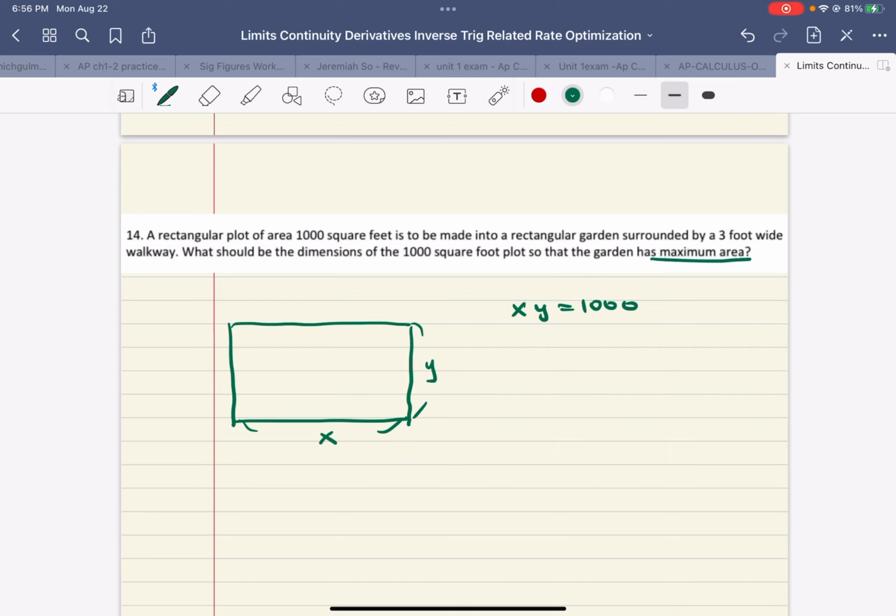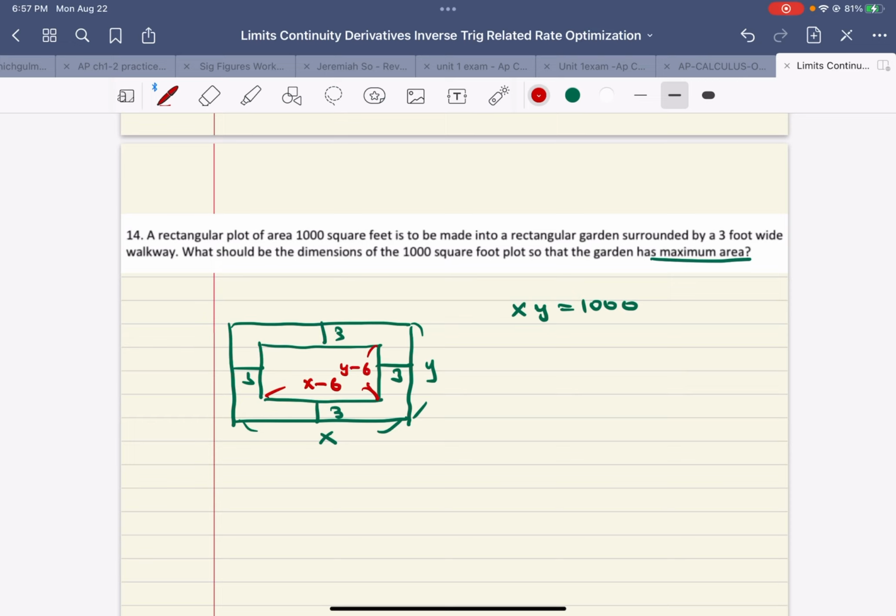And you need to find out the walkway. So each side is a 3. This is also 3. So you can say right here is x minus 6, because x minus 3 minus 3. And here also similarly y minus 6.